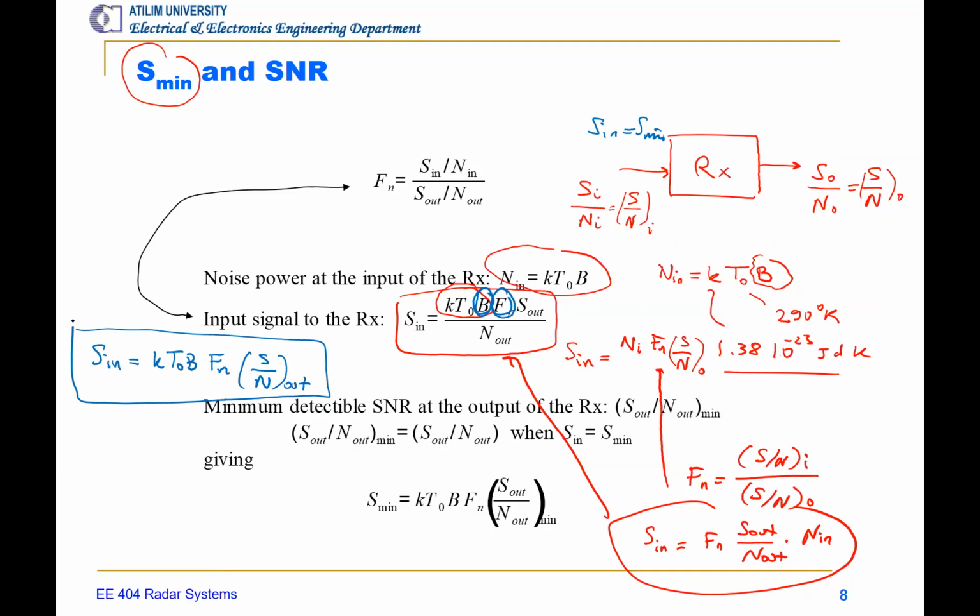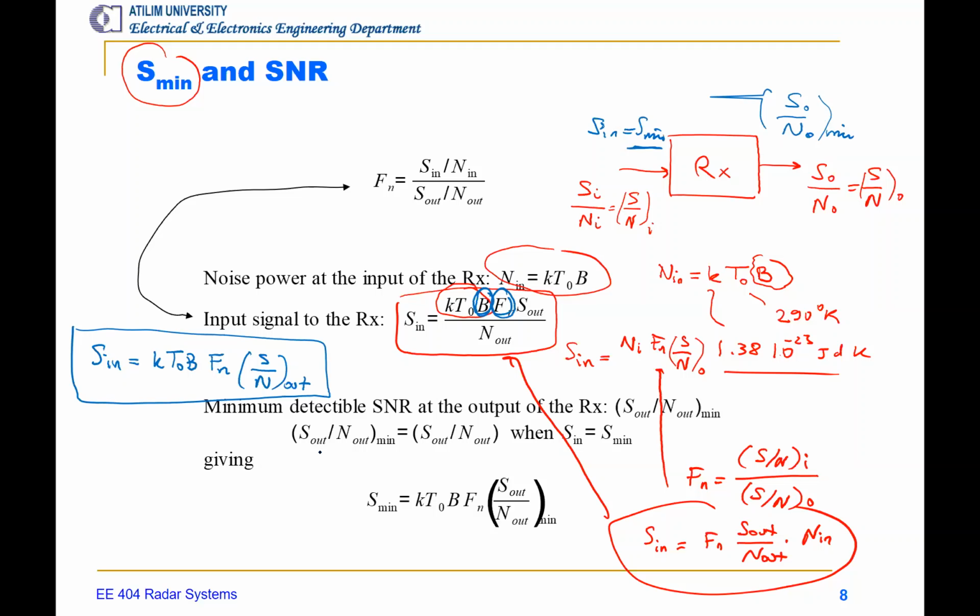Next, if I take the input signal power as minimum signal power, then the output SNR will be minimum. If I define this minimum input, then I define the minimum value of SNR output, so that I can write this into the radar range equation.